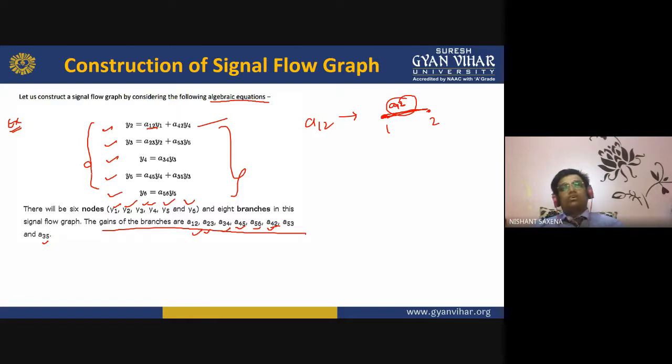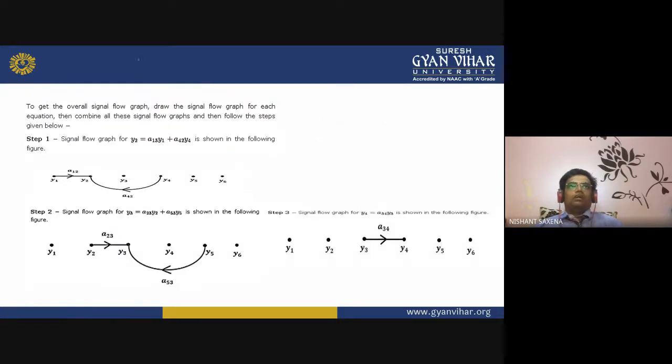Now let's see how to draw the signal flow graph with the availability of these algebraic equations. To get the overall signal flow graph, draw the signal flow graph for each of the equations, then combine all these signal flow graphs, and then follow the following steps.